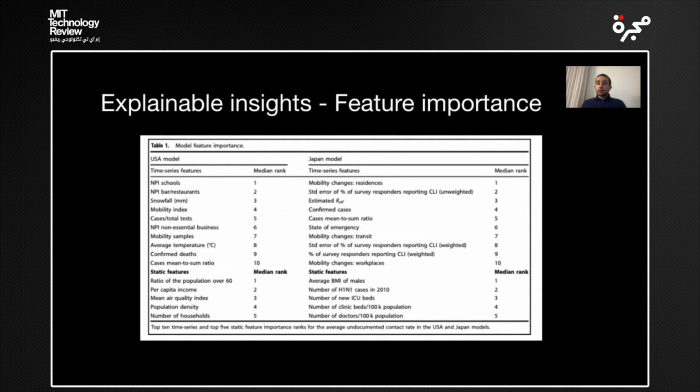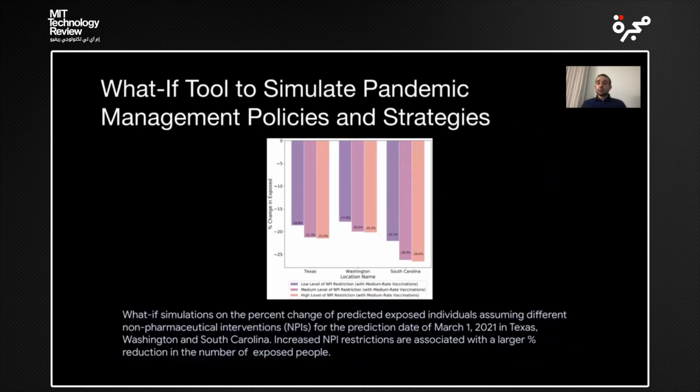I would like to also talk about the what-if simulation capability of our framework. And this is highly important for decision makers because they can see the impact of different scenarios into the future before implementing them. So one of the important scenarios to consider is changing the interventions.